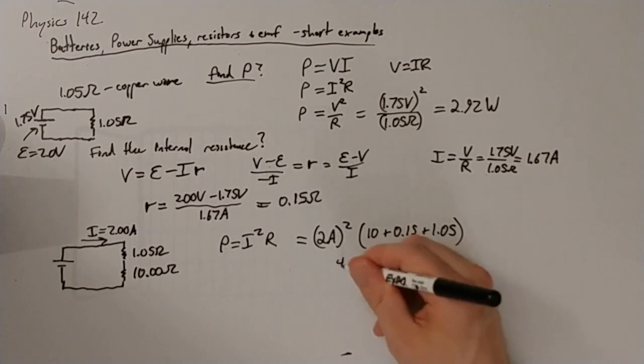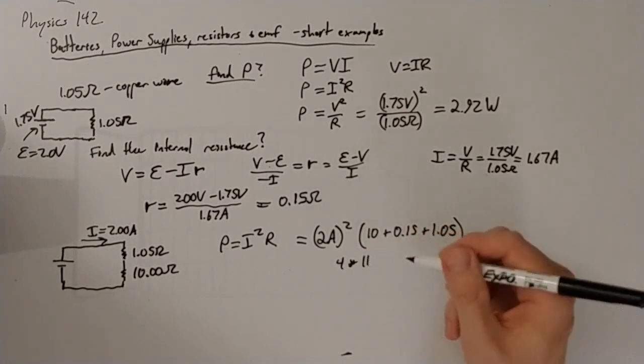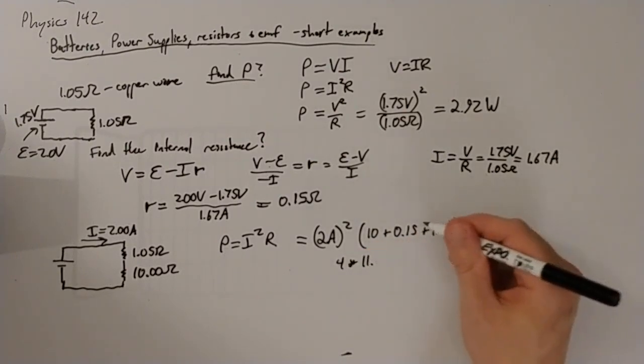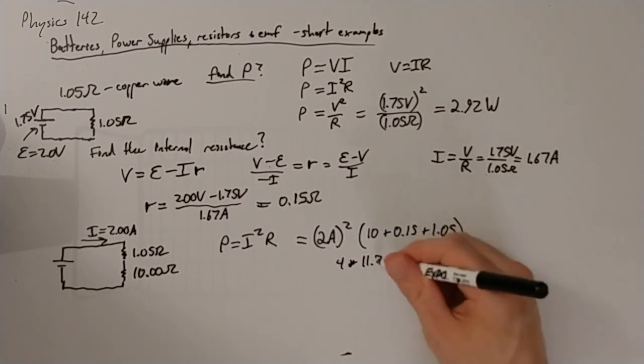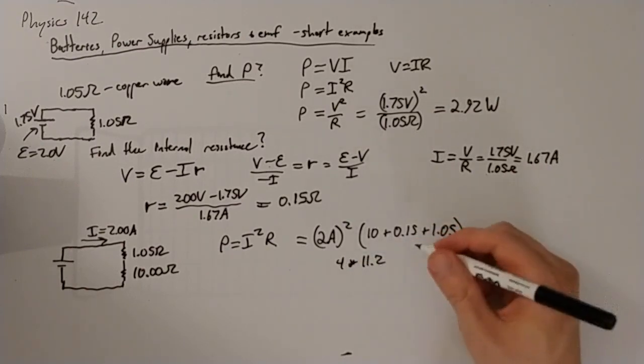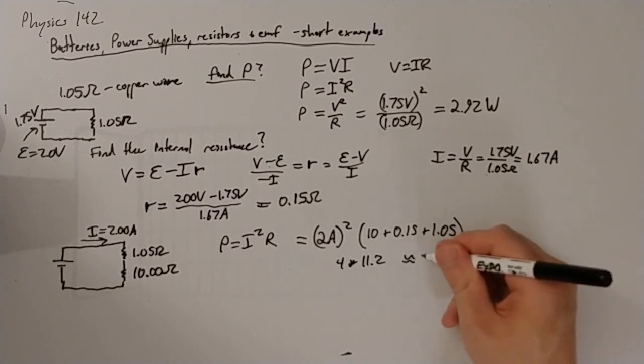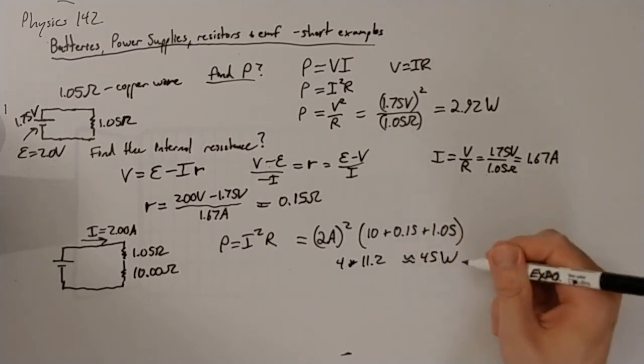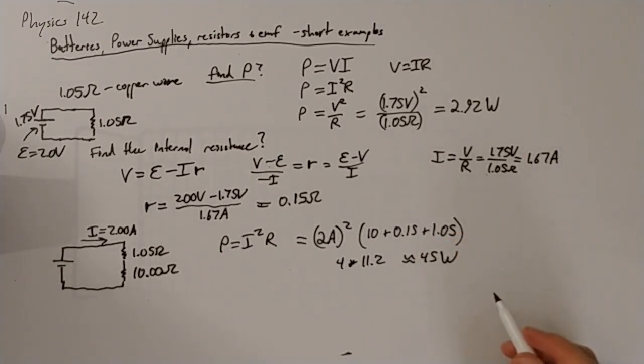That's going to be 4 times 11.2, and 4 times 11.2 is about 45 watts. The point here is that you can rearrange these in a bunch of different ways, but using these formulas all together, we can calculate different amounts of power inputted and power dissipated away.